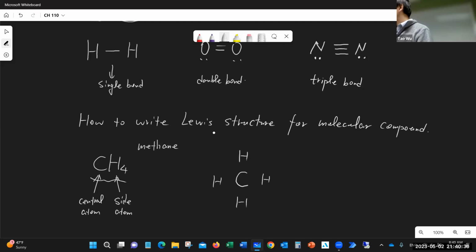Then the next part, you need to count how many valence electrons we have for the whole molecule.